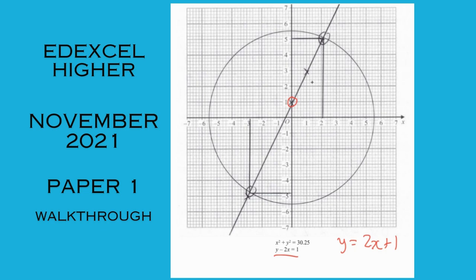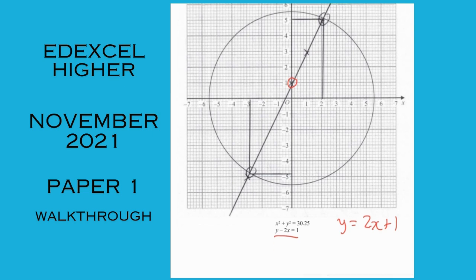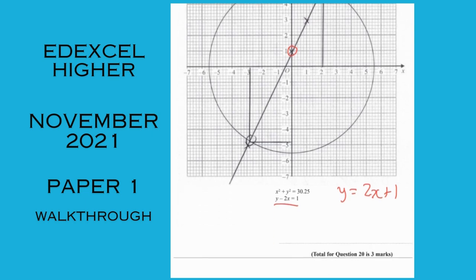So you've got one solution that's nearly at that coordinate of 2, 5. And you've got one down there that's nearly at the coordinate minus 3, minus 5. So depending on the thickness of your pen, I can tell you what I got. I got negative 2.9, I'm saying that's nearly mine. Negative 2.9, negative 4.8, and I'm saying that's 2.1-ish and 5.1-ish.